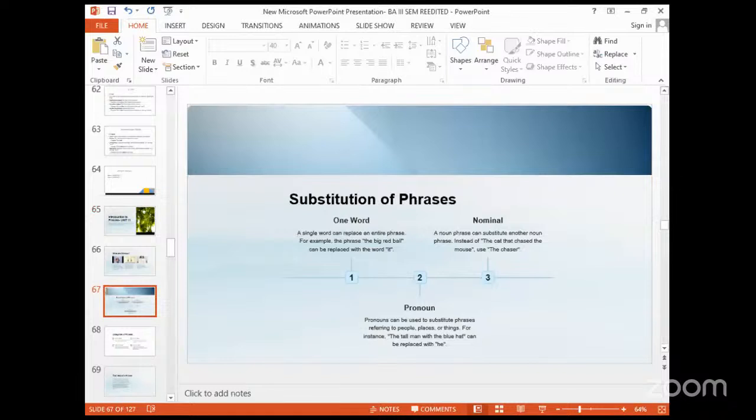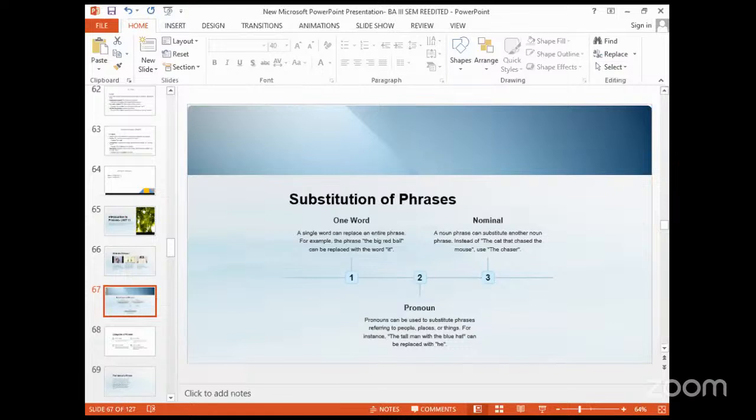Now to understand the phrase and the head word, once you know which is the head word and substitute according to that word class, that will help you to figure out the phrase. So a single word can replace an entire phrase. For example, the phrase the big red ball can be replaced with the word it.